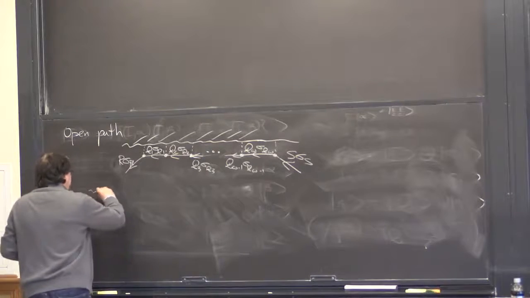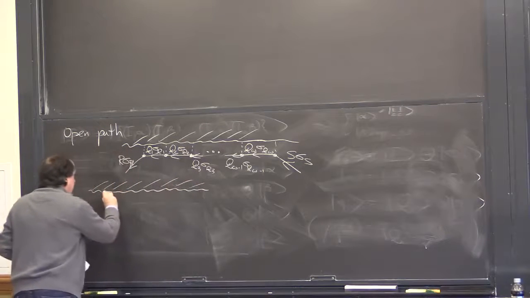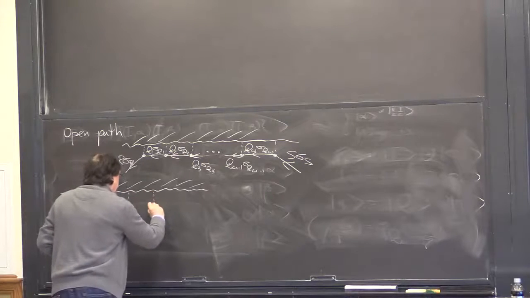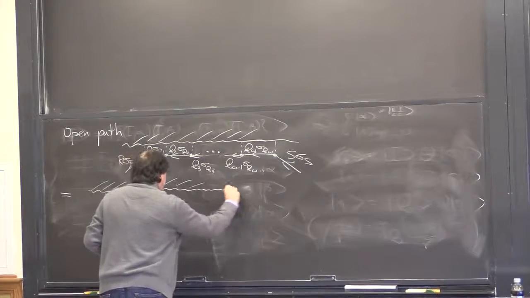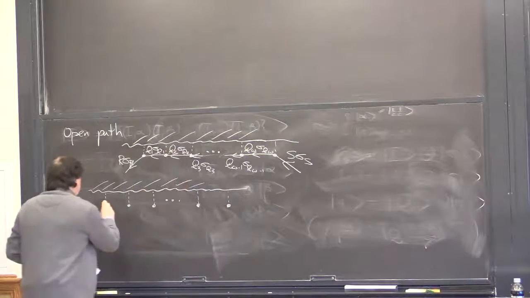So in other words, I can represent it by a picture which will have the same set of vertices.